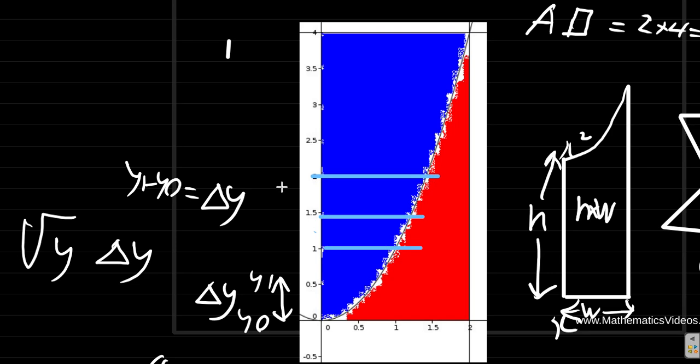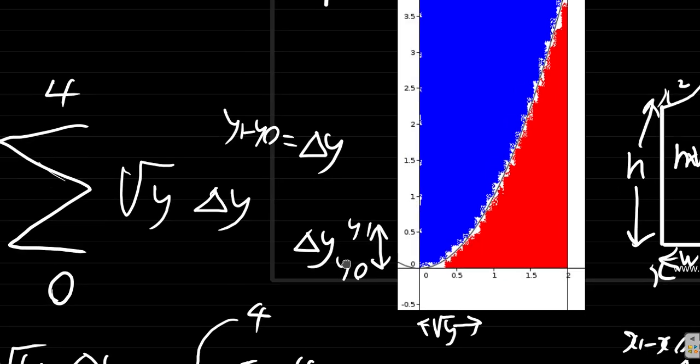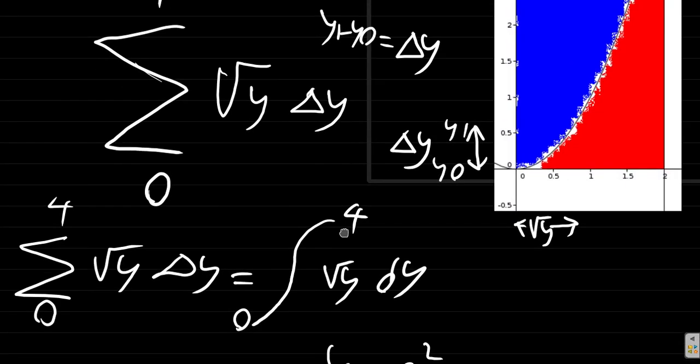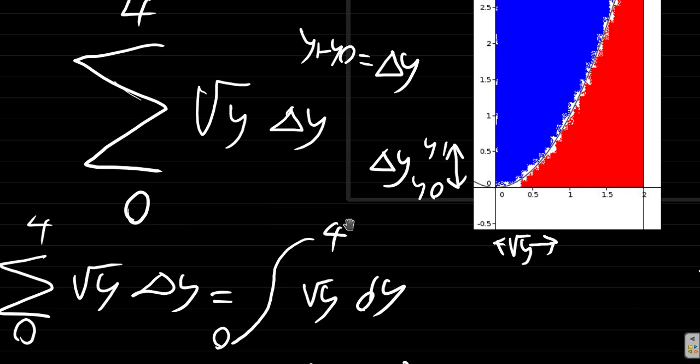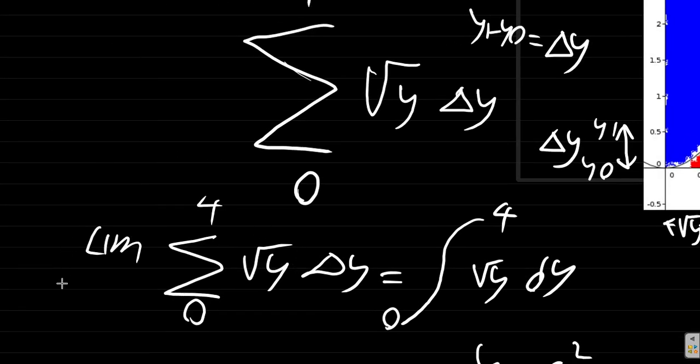The height is the change in y, or delta y. That's the height of each trapezium. The width will be the square root of y when you transpose y equals x squared. So as you increase the number of trapeziums, the limit, I should put here, as delta y approaches 0.